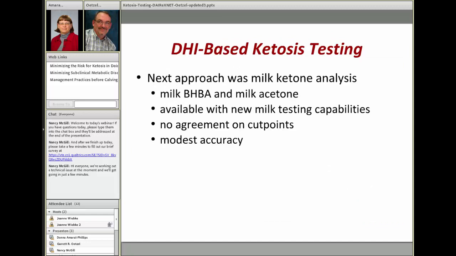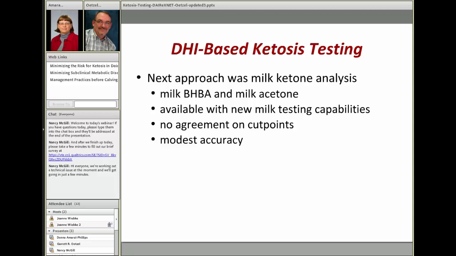So the next approach that we've seen coming through on these monthly DHI-based testing schemes was to actually look at milk ketones. There is new equipment that is available to a lot of DHI testing centers that can look at milk BHBA and or milk acetone.